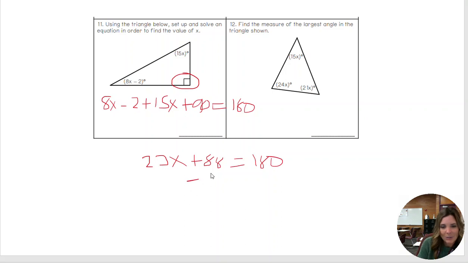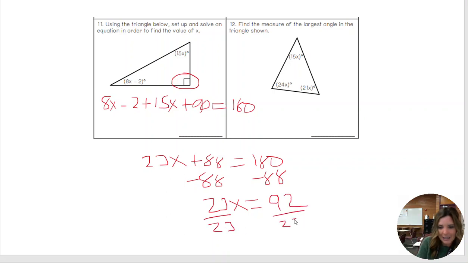And then we are going to subtract 88 from both sides. So we're going to have 23x equals 92. And then when you divide by 23 on both sides, you get x equals 4. Okay, so this one should have been x equals 4.